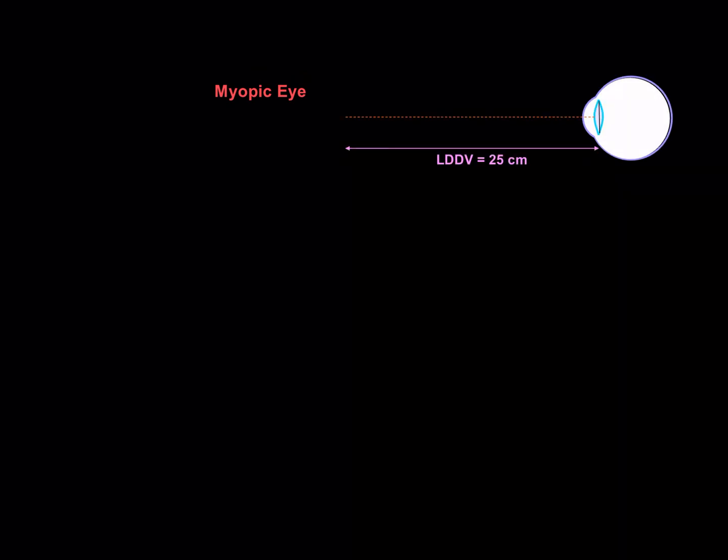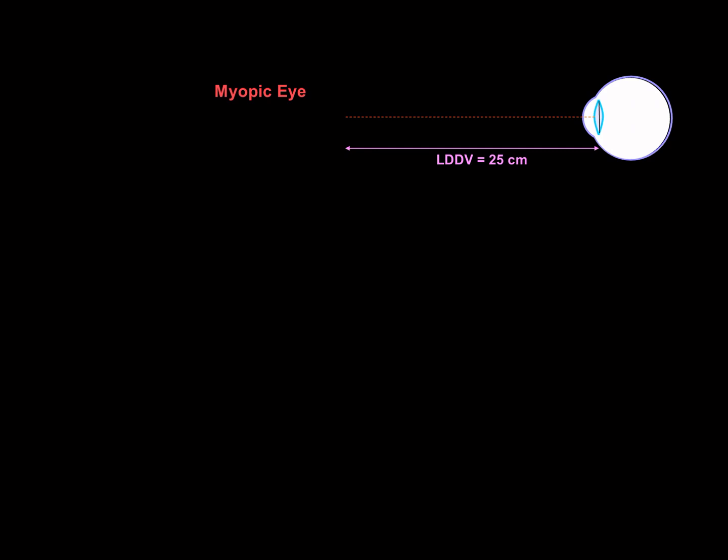Now, we will discuss how it is working. See, this is a normal eye, and this is the least distance of distinct vision, that is 25 centimeter, the near point. When the light rays enter the eye, the image is formed on the retina.